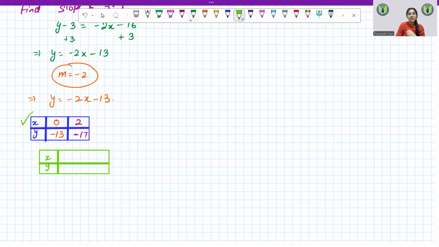Now instead of taking x as 0, let me take it as negative 3. If I take x as negative 3, what will be the answer?